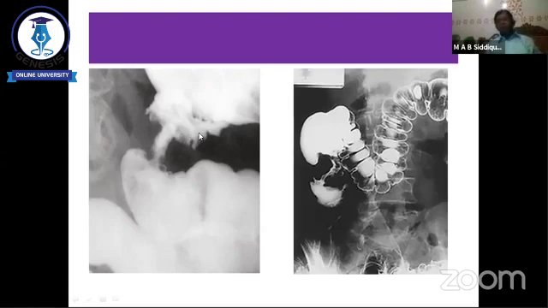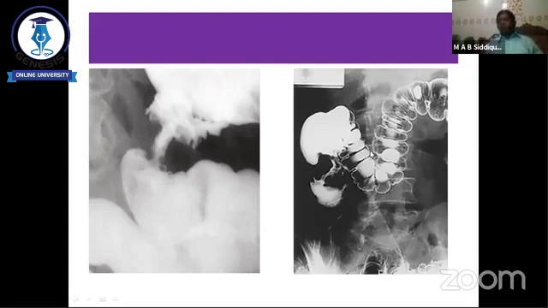Remember: barium swallow, barium meal, barium follow through, and barium enema. But in this X-ray, we use another contrast, and that other contrast is nothing but air. That is called double contrast barium enema.